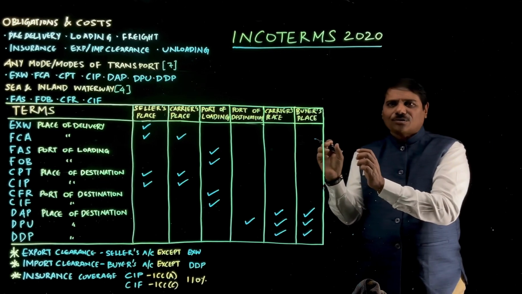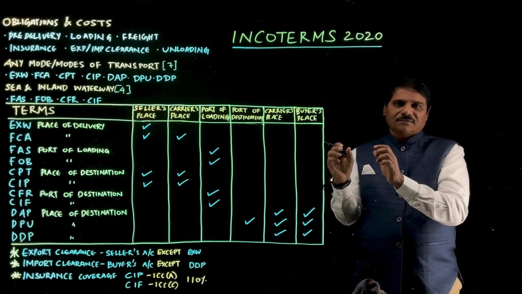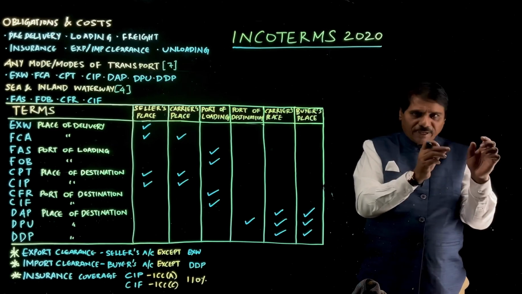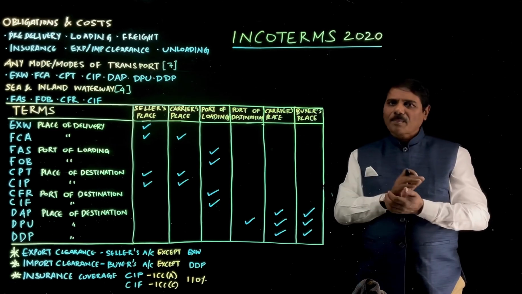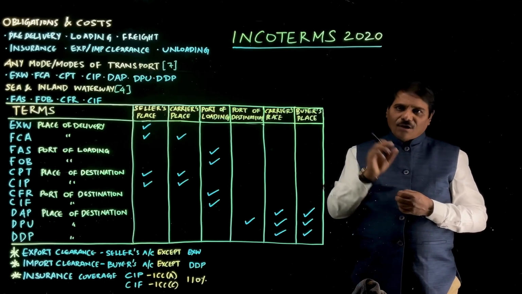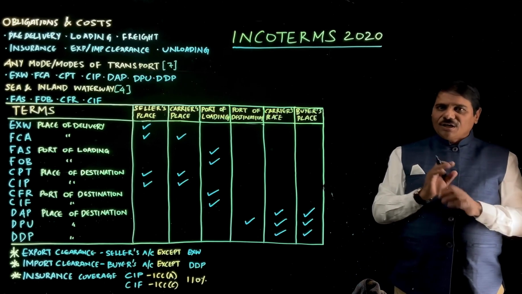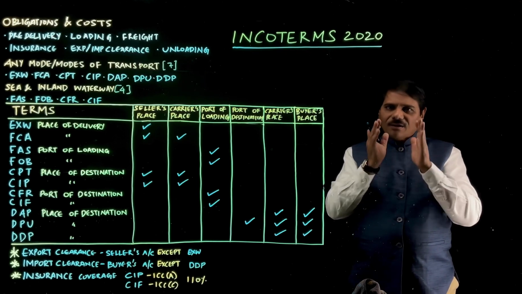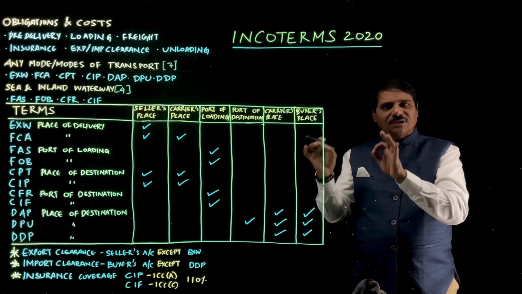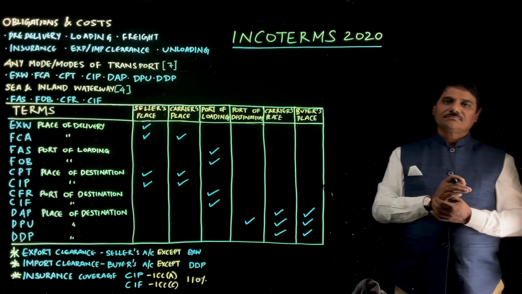So always you have to mention in the sales contract $10 per metric ton CFR Dubai, CPT Dubai, whatever. The numerical number along with the currency unit does not convey any meaning unless you clearly incorporate the relevant international commercial term with the delivery place.